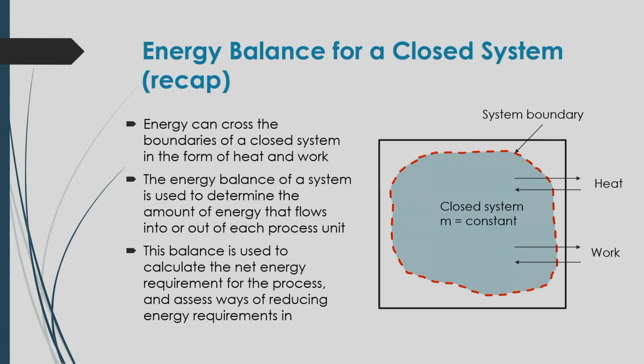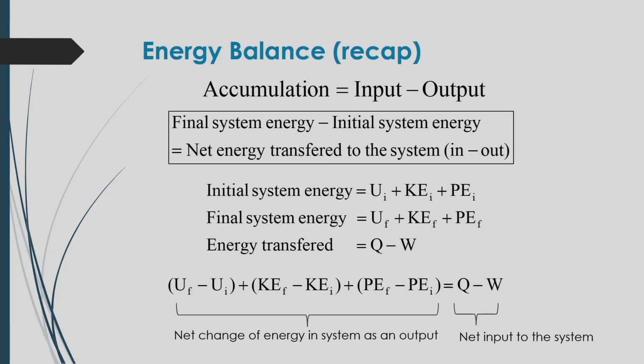As we know, for any closed system the energy balance equation is: accumulation equals input minus output, with heat input or output and work input or output causing a change of internal energy and other system energy.